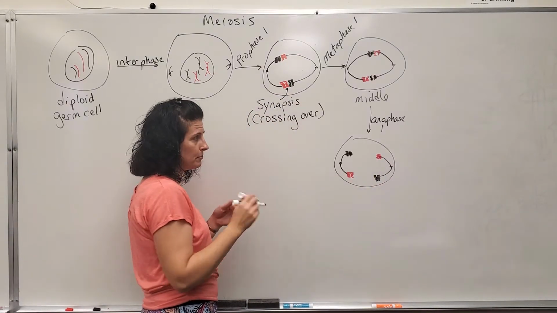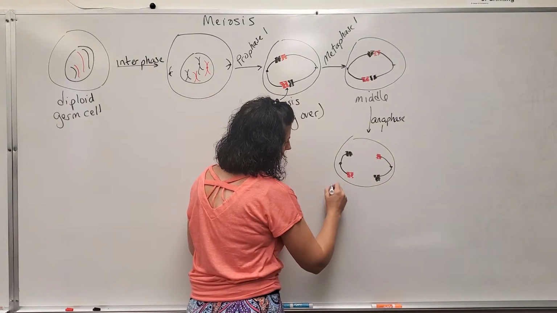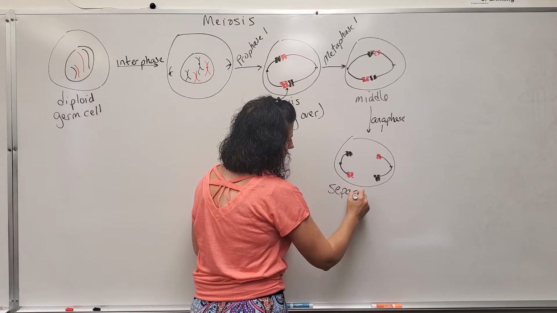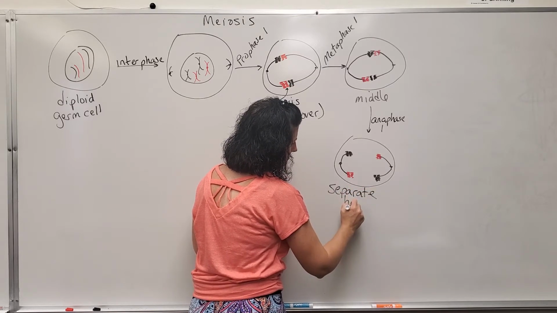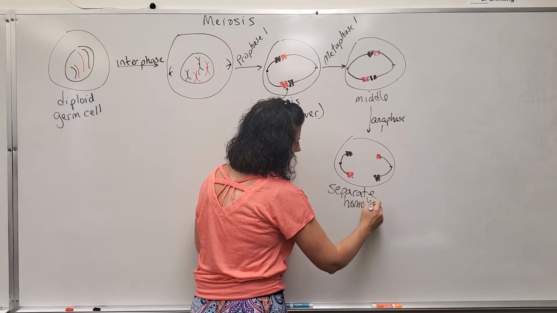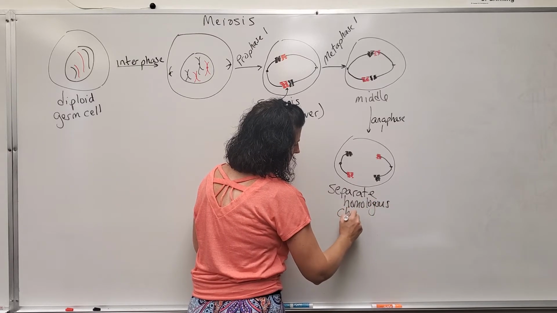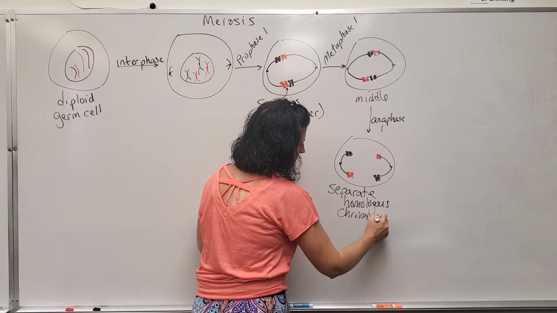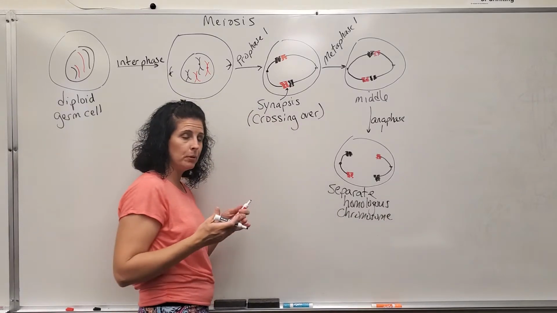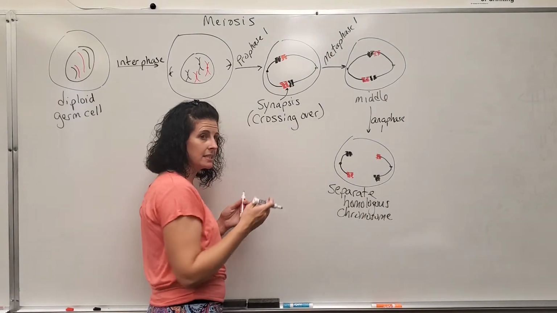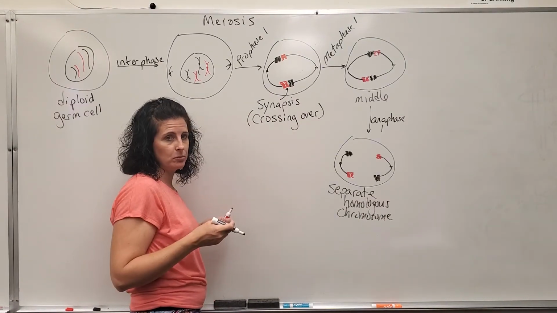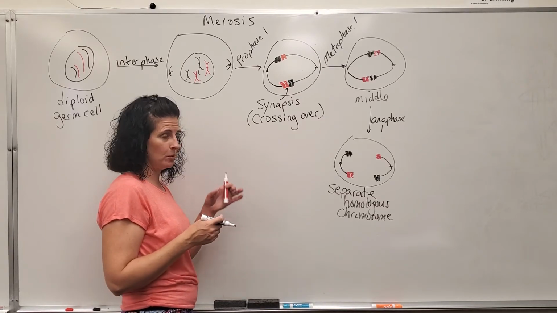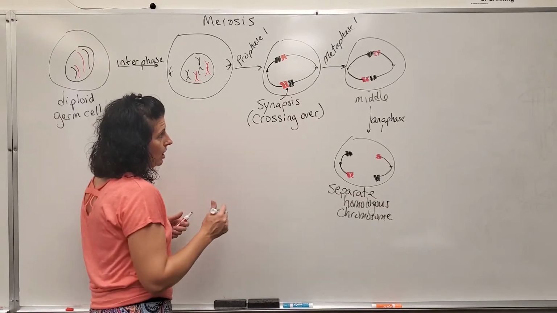Okay, so we have separated homologous chromosomes. And that's the main purpose of meiosis 1, is to separate mom or dad's chromosomes. So for each chromosome, we have one or the other, but not both.